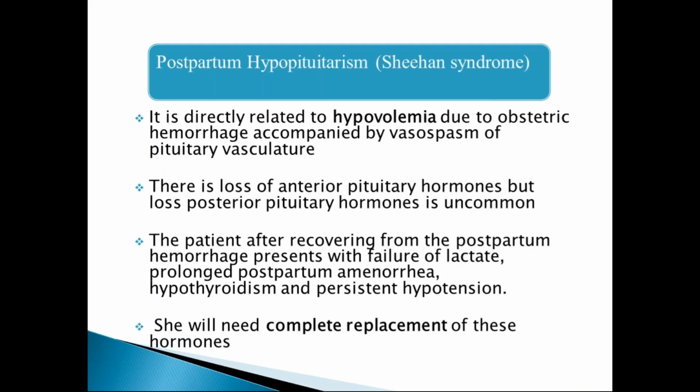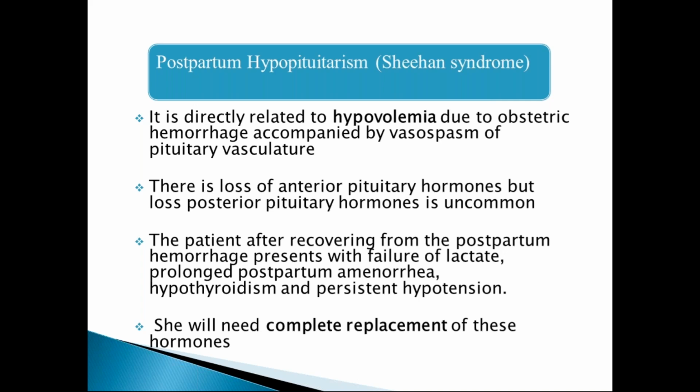This is one clinical aspect. Sheehan syndrome is a postpartum hypopituitarism. It's directly related to hypovolemia. If the patient gets into postpartum hemorrhage, there is loss of intravascular fluid and intravascular blood components as well. It is directly related to hypovolemia due to obstetric hemorrhage accompanied by vasospasm of the pituitary vasculature.